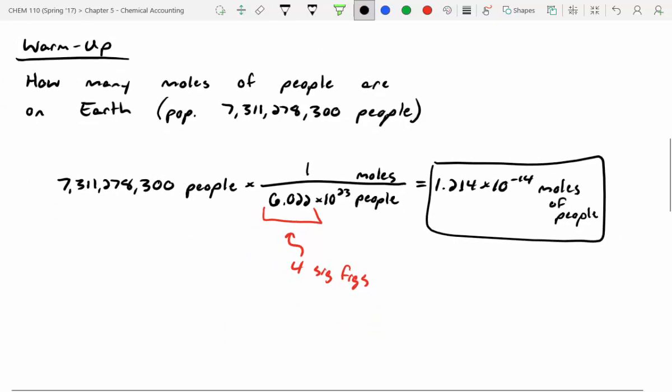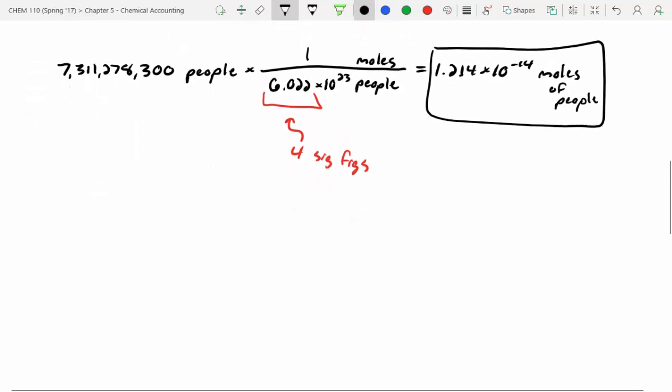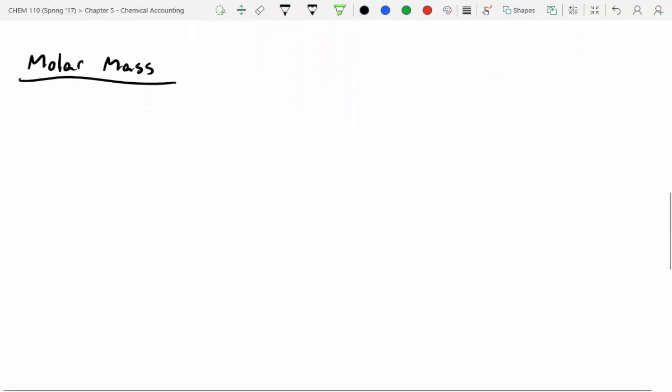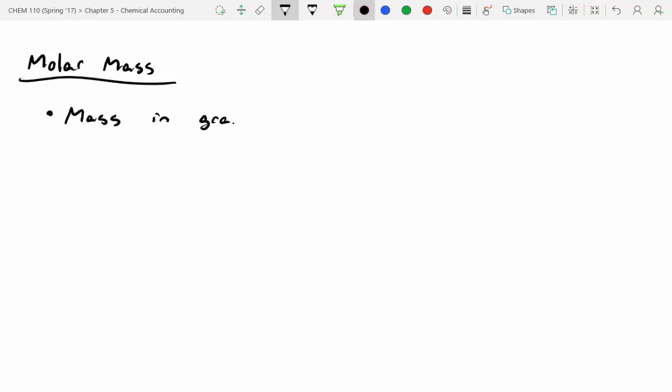All right, so let's talk about a relationship between moles and mass. And this is called molar mass. Molar mass is the mass in grams of 1 mole of something.